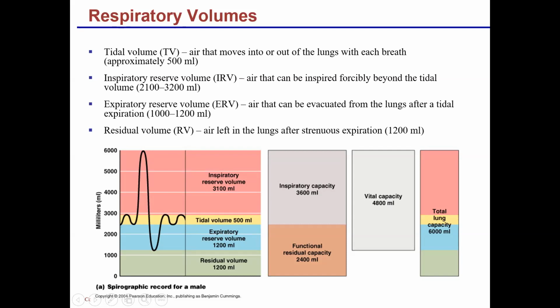Okay, why do we have residual volume? There's a functional significance here. If you remember from the previous lecture, I told you there are some mechanisms to prevent the total collapse of the lung. One is a surfactant coating inside of the alveoli to reduce surface tension.